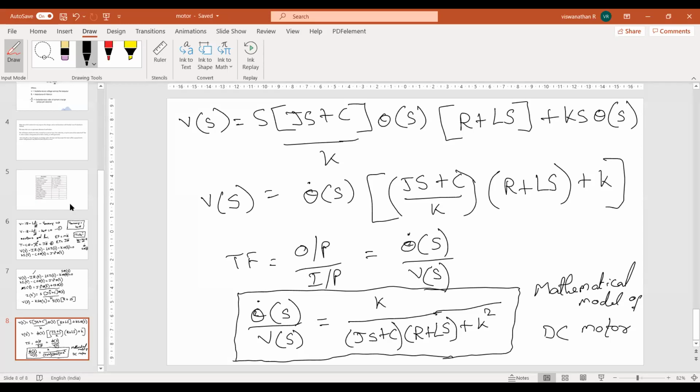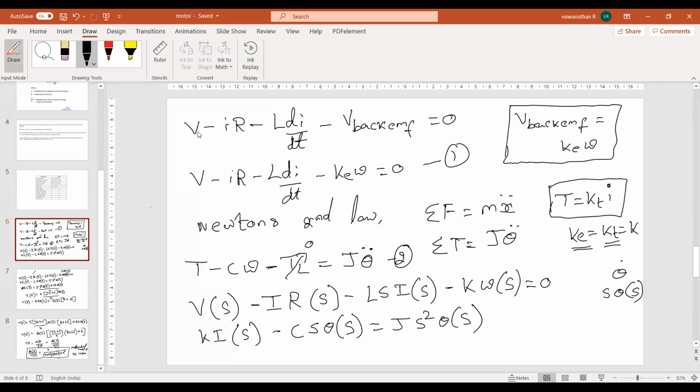Okay, so what all did we do? I'll just summarize this. We just took two equations: Kirchhoff's voltage law for the electrical part, and Newton's second law for the torque equation.